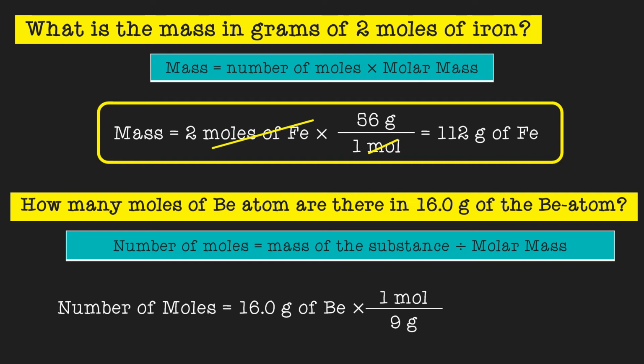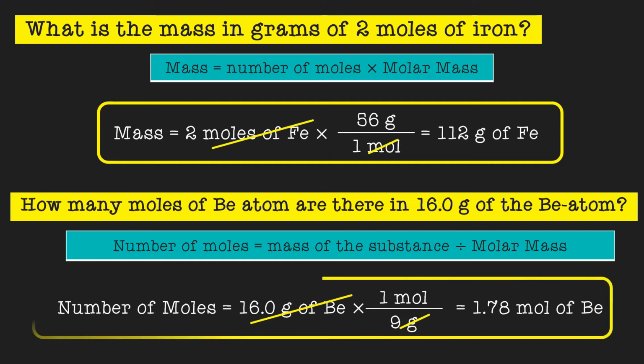Beryllium is a one-atomic element. Canceling the grams, we are left with mole. 16 times 1 divided by 9 is equal to 1.78 moles of beryllium.